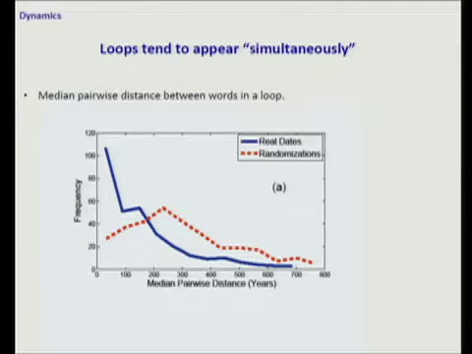While if you look at the randomized version, you will find that it's much larger, around 300 years. So you see that these loops are not exactly simultaneous, but they tend to appear at a certain period. They're not extended in time.